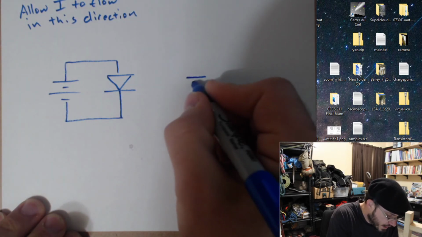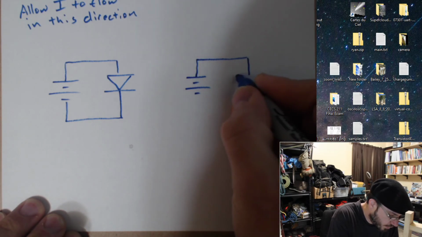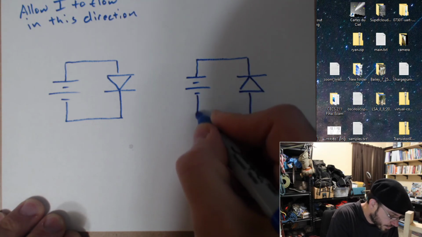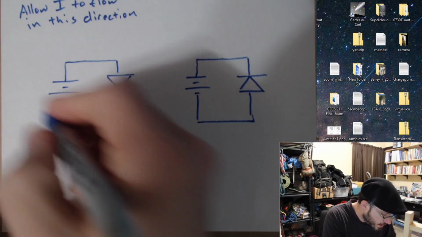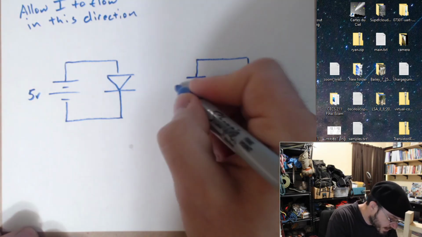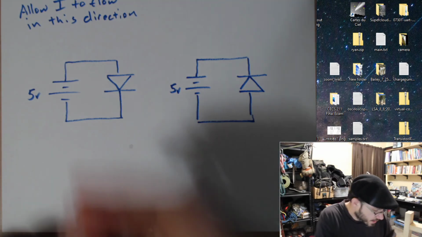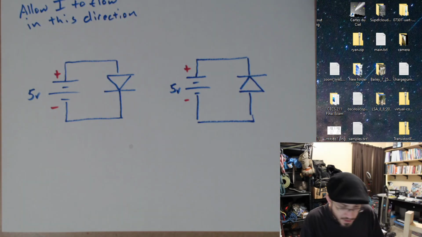And we're going to take another DC voltage source and flip the direction of the diode. And let's talk about these two situations. Let's say that this is 5 volts. Let's say this is 5 volts. And positive is up here, minus down here, positive is up here, minus down there.